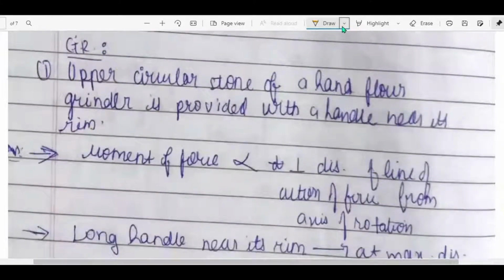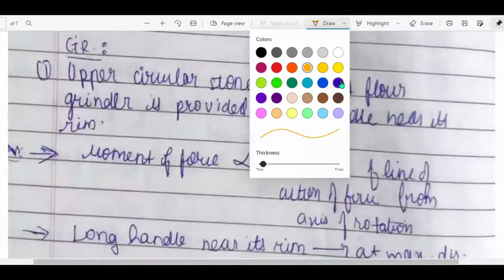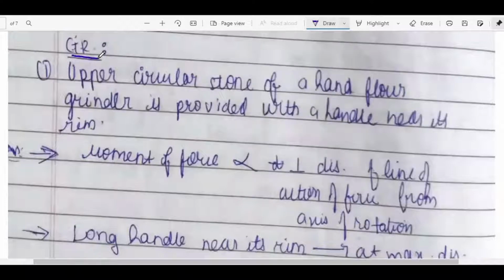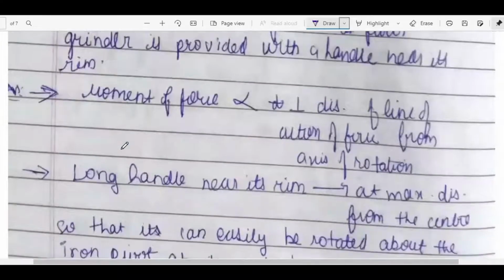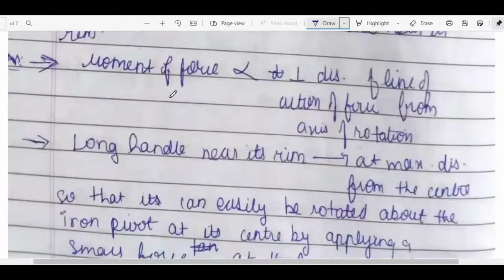Let's discuss some important give reasons. The upper circular stone of a hand flour grinder is provided with a handle near its rim. The answer for this is the moment of force is directly proportional to the perpendicular distance of the line of action of force from the axis of rotation.